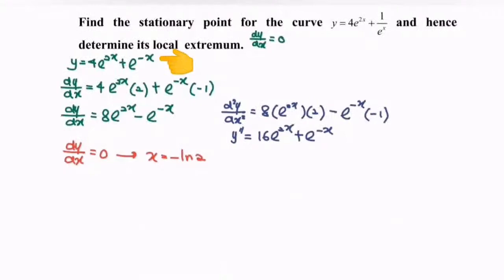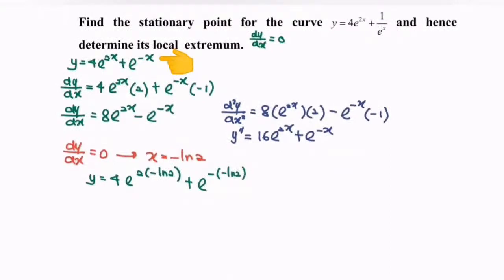So we will have y is equal to 4 multiplied with exponent 2, substituting the x with negative ln 2, plus exponent negative, substituting the x with negative ln 2.